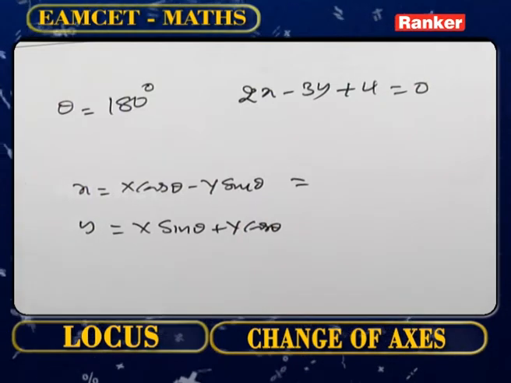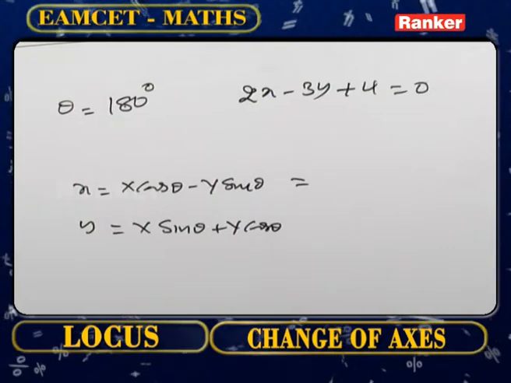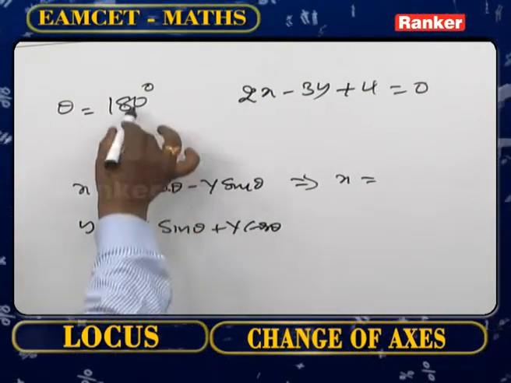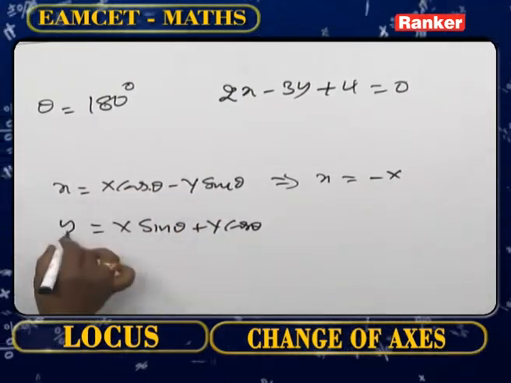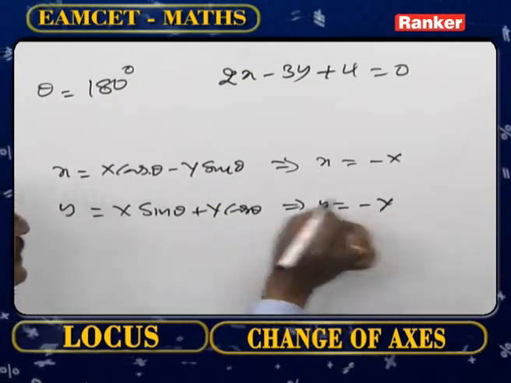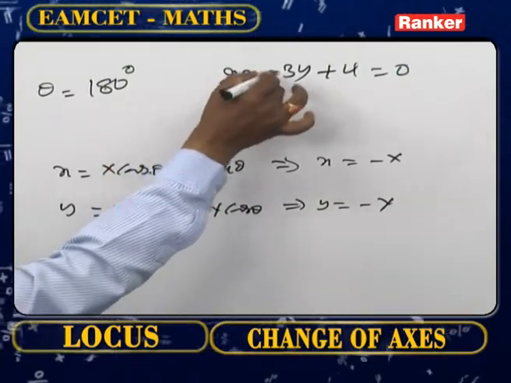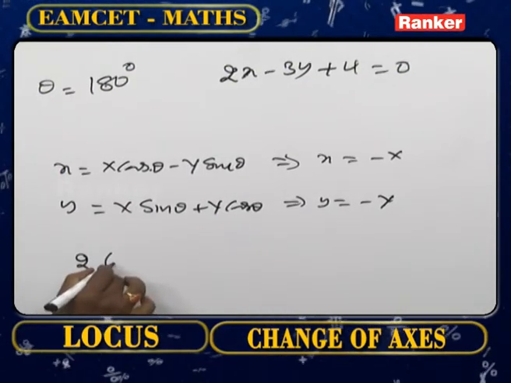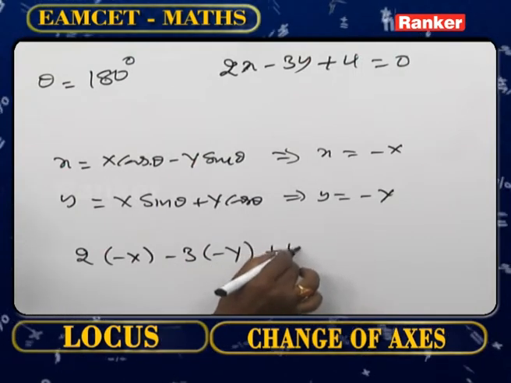Now theta equals 180 degrees. Substituting, we get small x equals X cos 180, which is minus 1, minus Y sin 180, which is 0. So x equals minus X. Similarly, y equals minus Y. Now in place of x equals minus X and y equals minus Y, we get 2 into minus X minus 3 into minus Y plus 4 equals 0.